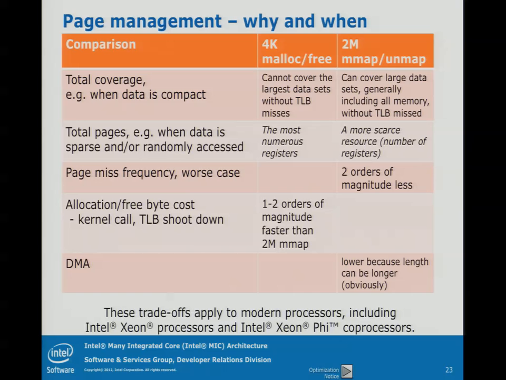If the data in the main memory isn't allocated that often, you could probably take 2 megabyte pages and pay the penalty when you allocate the data. Okay, so this is playing around with your application and seeing what's best for it. And this also applies to Xeon, because Xeon also is capable of those 2 megabyte pages.